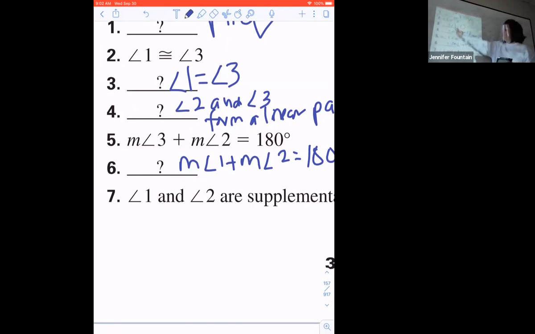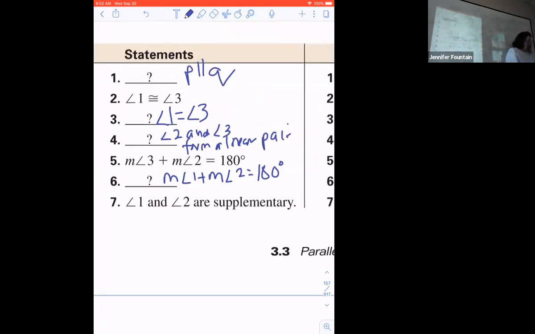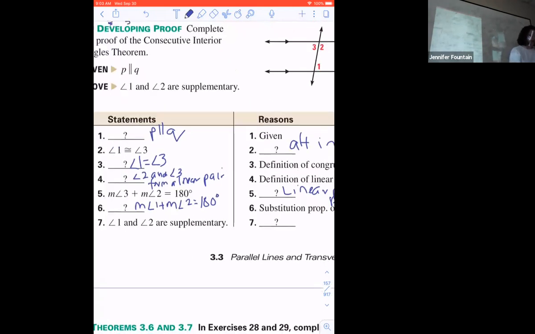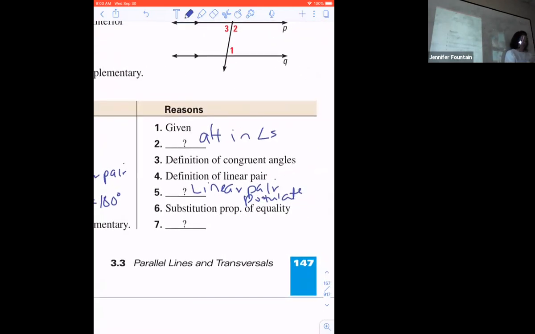Instead of saying 3 here, I've put in 1. So that's substitution. Then statement number 7 says angle 1 and angle 2 are supplementary. And what is that? Our definition of supplementary angles.